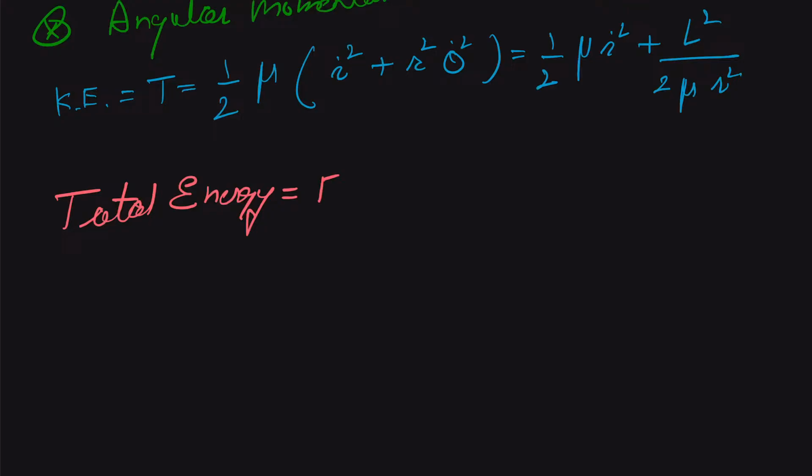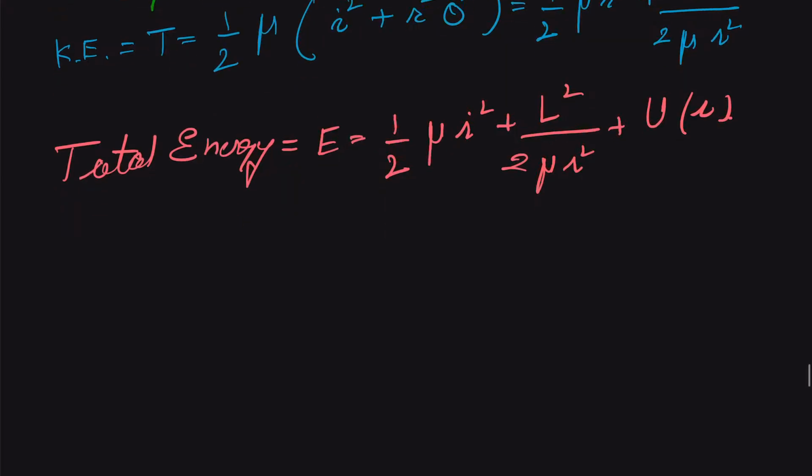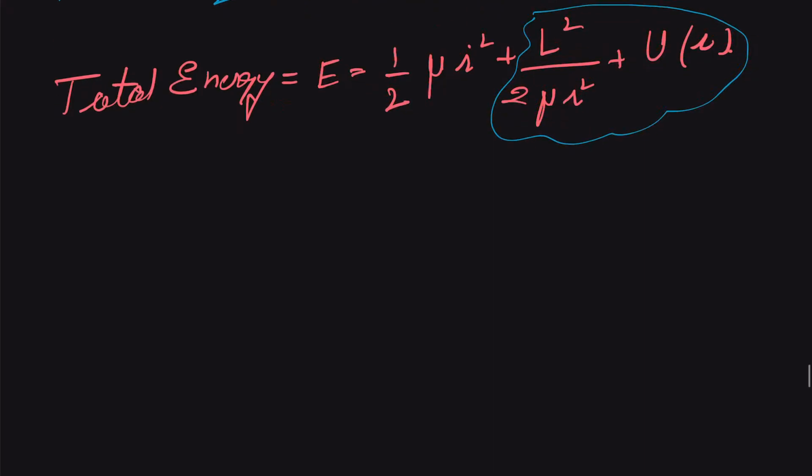Therefore, we get that the total energy E will be equal to half mu r dot square plus L square upon 2 mu r square plus u of r, and we can call this second part as our V effective potential at a distance of r.